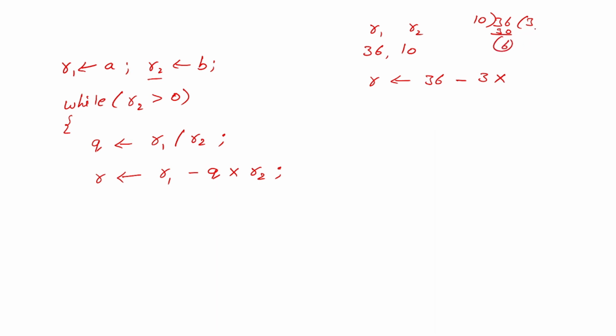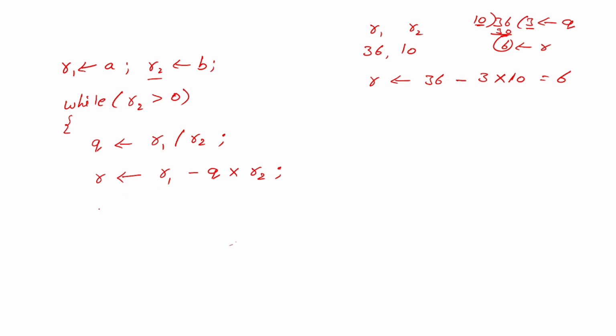This is called coefficient and this is called remainder. How will you get this value? Remainder, 36 minus 3 into 10 is equal to 6. So that's why we take this formula, R1 minus Q into R2.